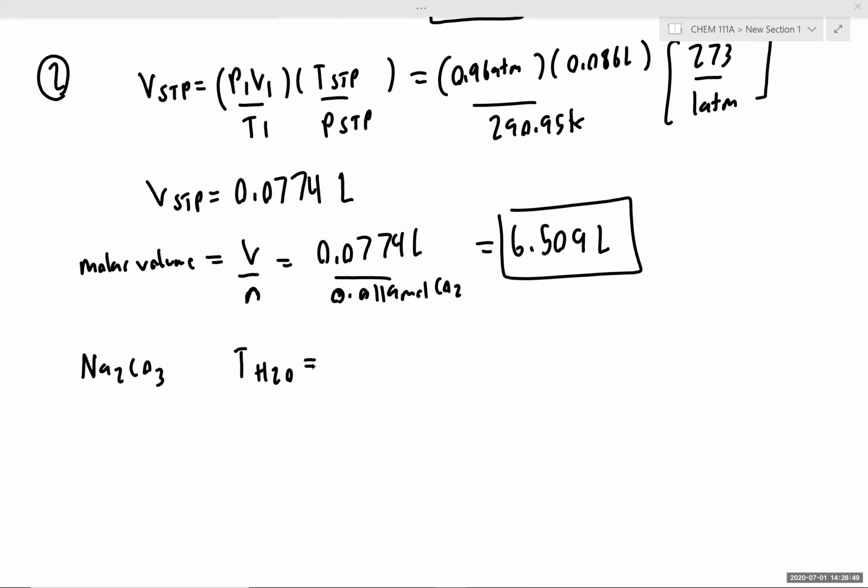Would someone else like to chime in with the temperature from our sodium carbonate runs, which is the second set of trials that we did when we performed and recorded the laboratory? Does anyone have the temperature for our sodium carbonate runs?